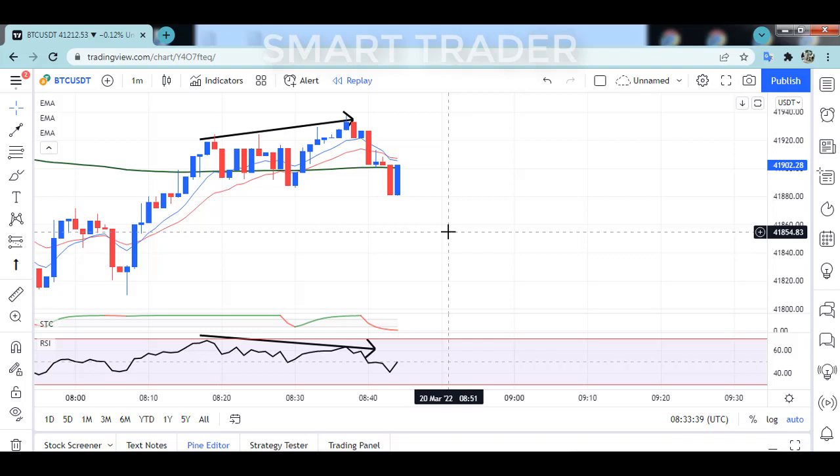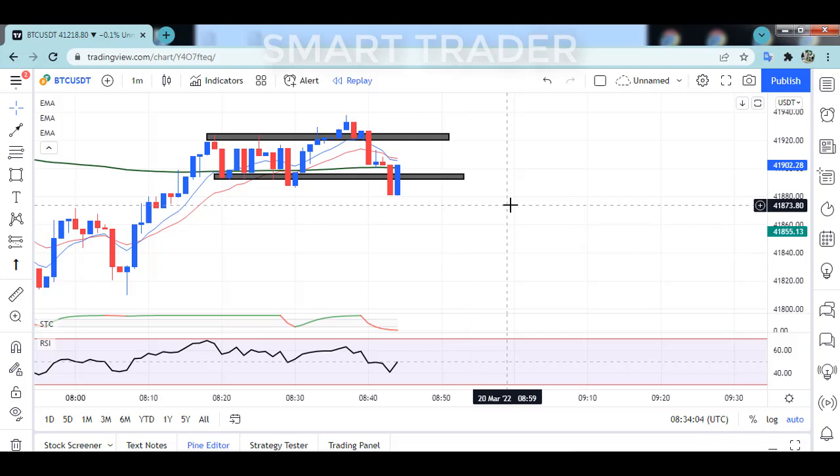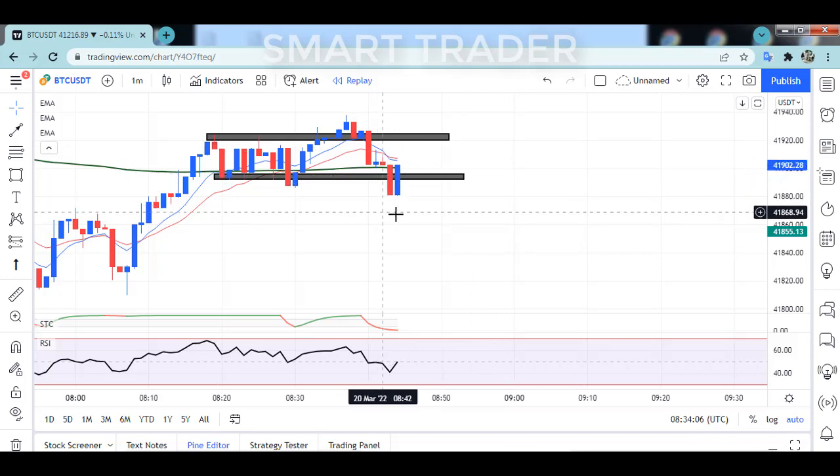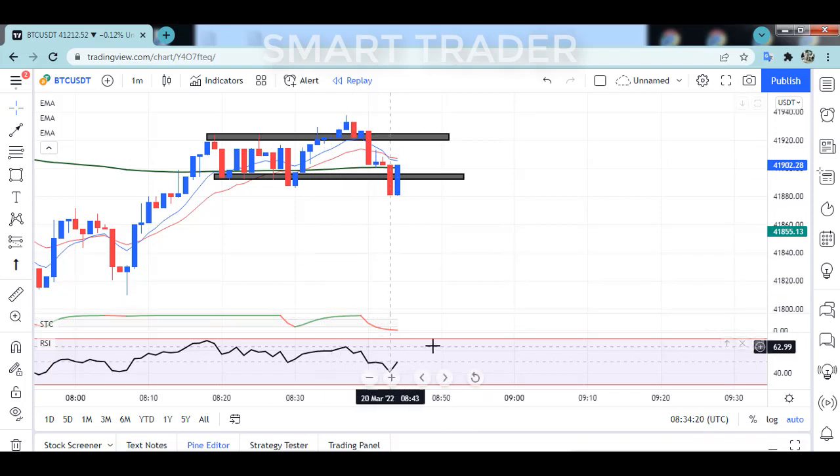Step 3. Identify a trading range defined by range high and range low. Step 4. Wait for the market to break down the range low, and when the breakout candle happens, the 9 EMA crosses the 18 EMA, right? The STC is red.